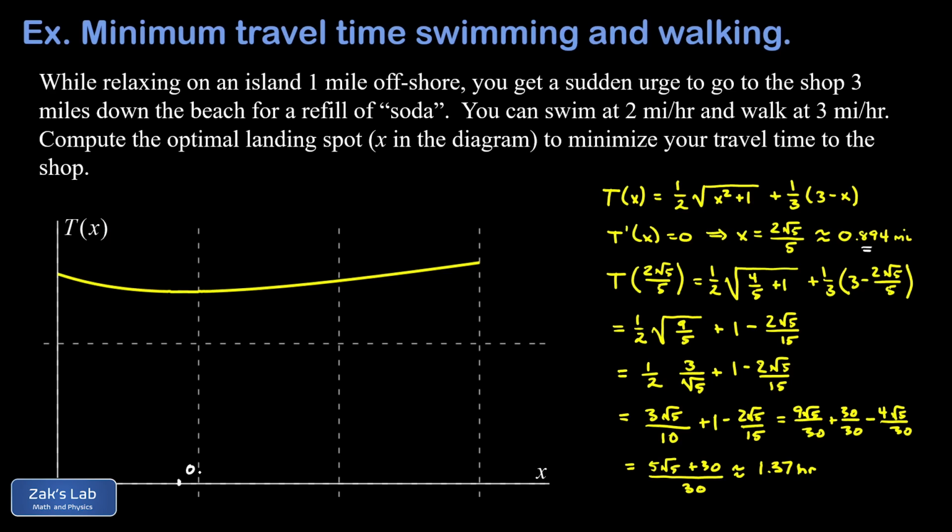So that's 0.894 miles. And I can see a local minimum in the travel time function at that point. And then our y value corresponding to that, in other words, the total travel time, we found that that was about 1.37 hours. In other words, slightly less than 1.5 hours. And given the grid units here, where this is 1 hour, that looks like a pretty reasonable approximation.